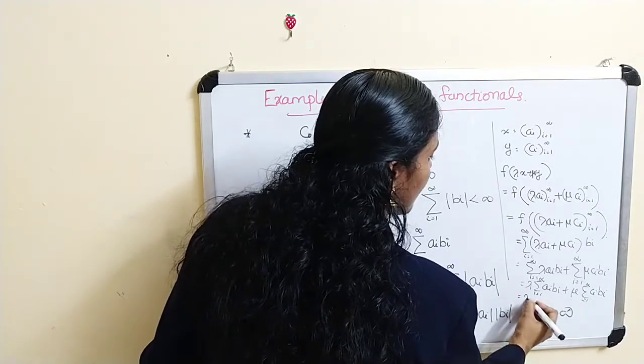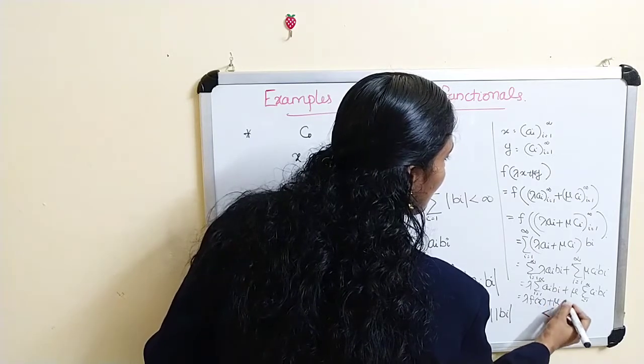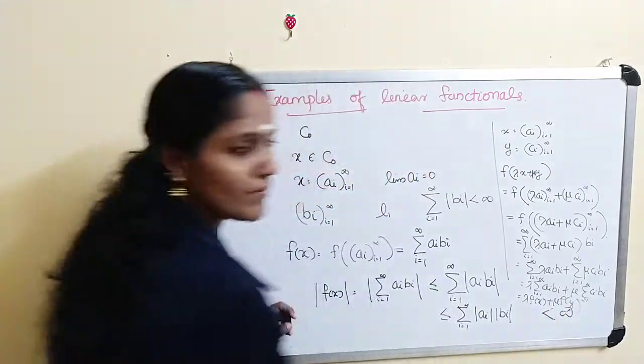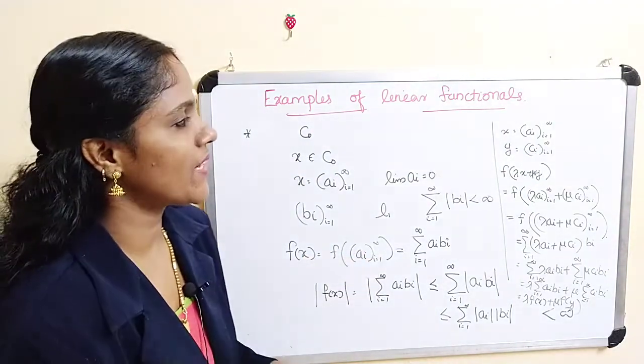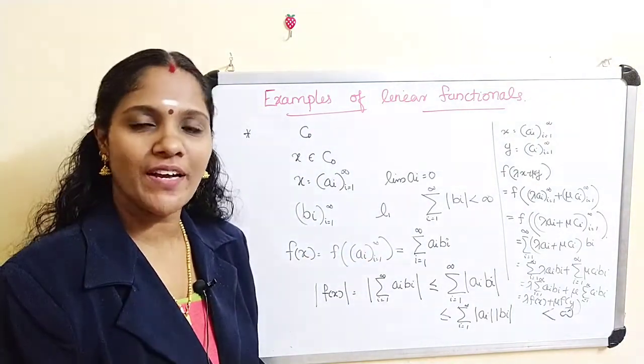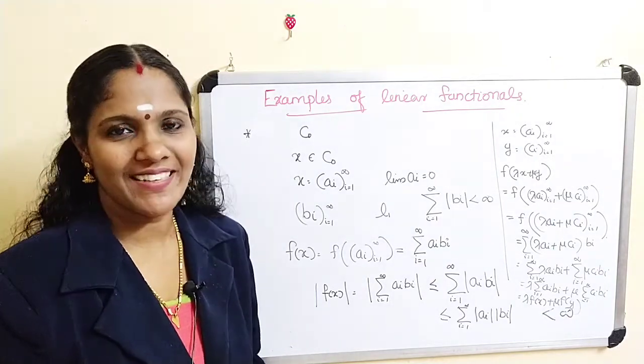This is λ f of x plus μ f of y. Therefore, f of λx + μy is equal to λ f of x plus μ f of y. This implies f is a linear function.